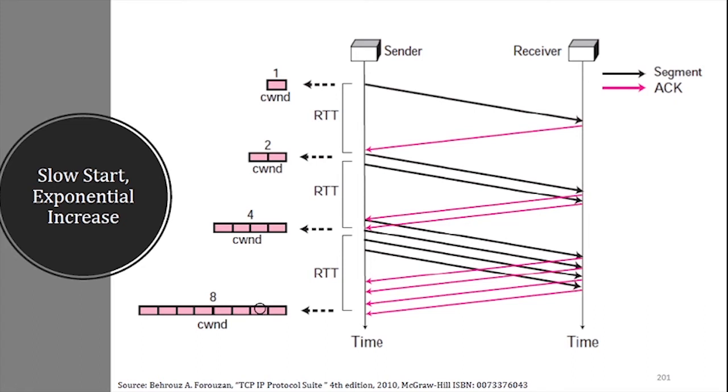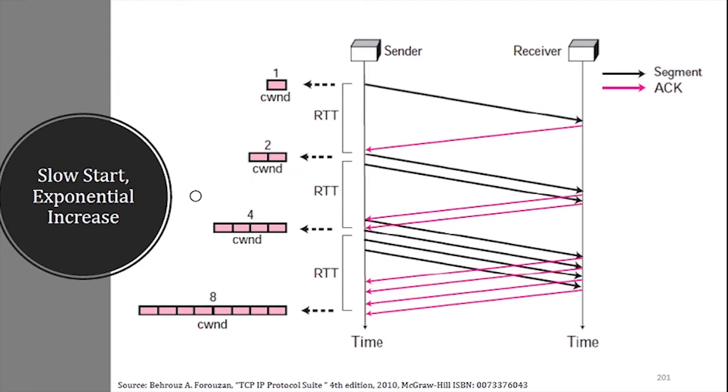If we look at the size of the congestion window in terms of the round trip time, we can see that the growth rate is exponential. Starting with a congestion window of 1, after one round trip time, which is from sender to receiver and back, the congestion window has turned to 2.